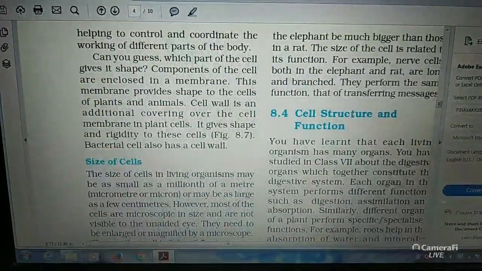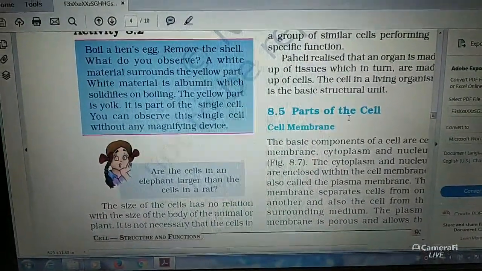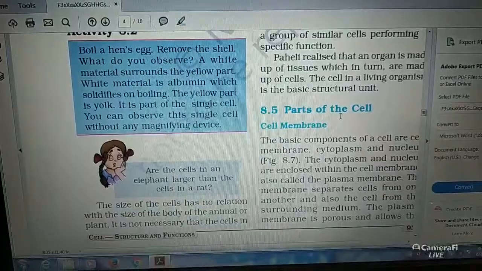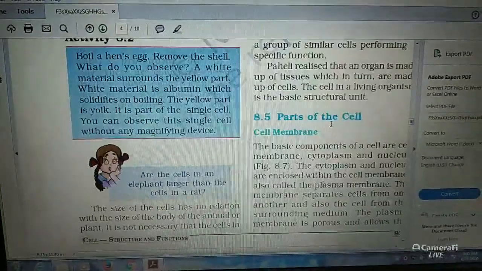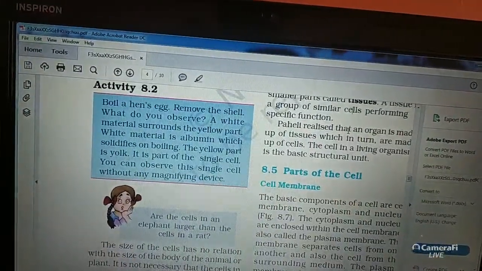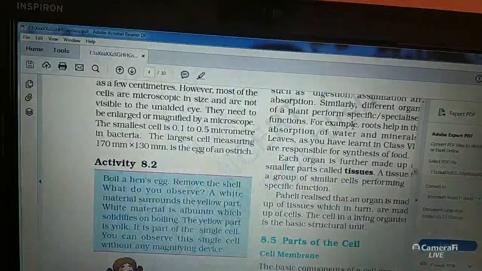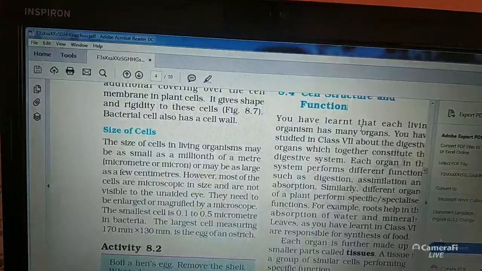Okay, so the size of the cells has no relation with the size of the body of an animal or plant.